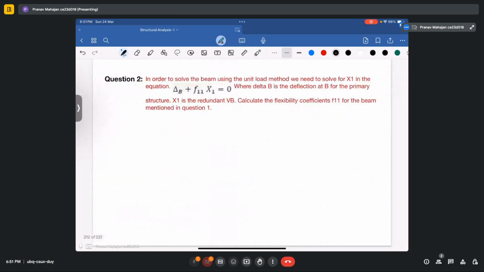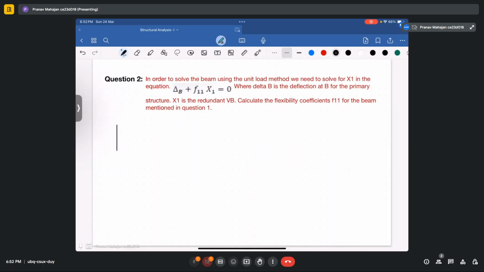Now, the next question says that in order to solve the beam using the unit load method, you need to solve for H1 in the equation, where delta B is the deflection at B due to the primary structure and H1 is the redundant force VB, and calculate the flexibility coefficient. So if we are required to calculate the flexibility coefficient, what we have to do?